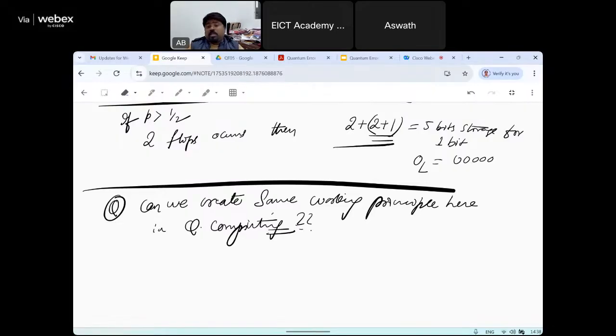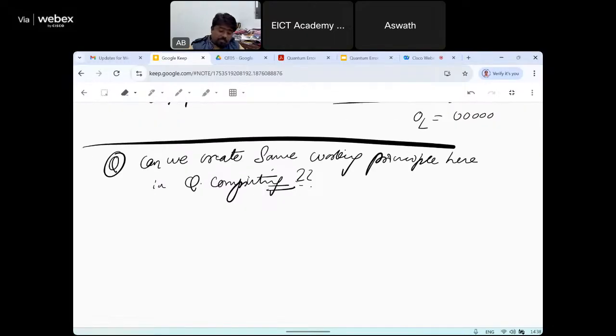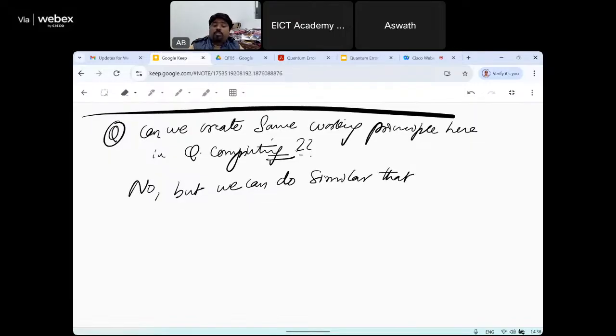The straightforward answer is no, but there is a catch. We could do something analogous or similar to that. Whenever one door shuts, another door is there.